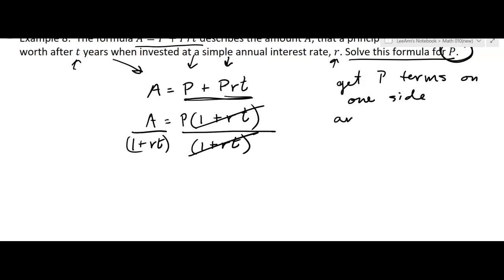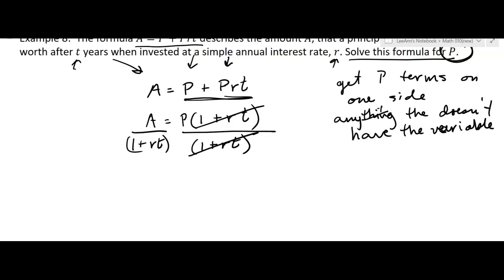And anything that doesn't have P, the variable that you're trying to solve for, I guess I should say any term instead of anything, any term that doesn't have the variable, get on the other side.